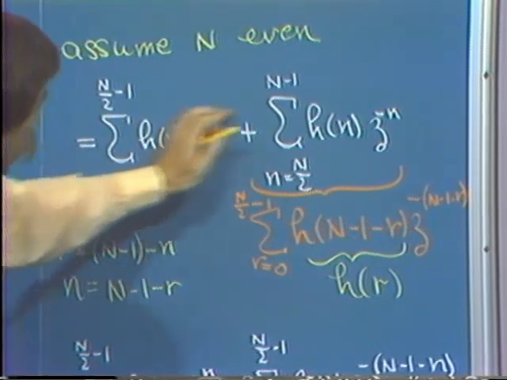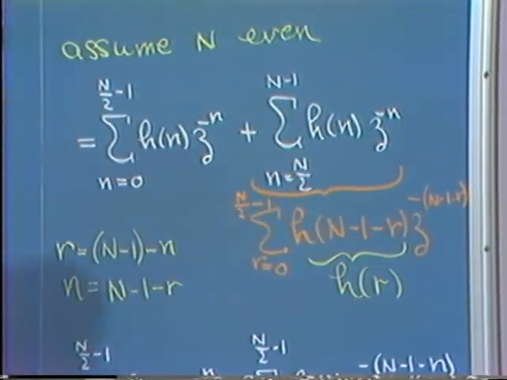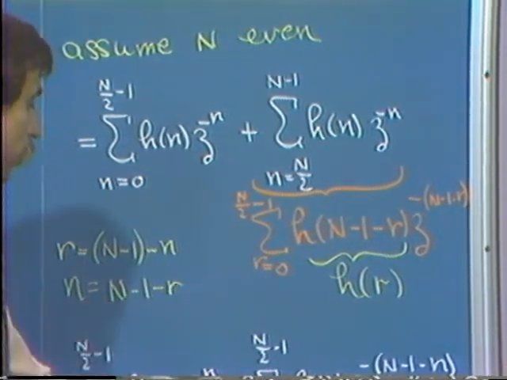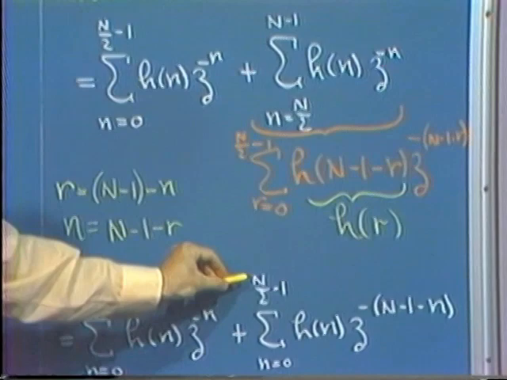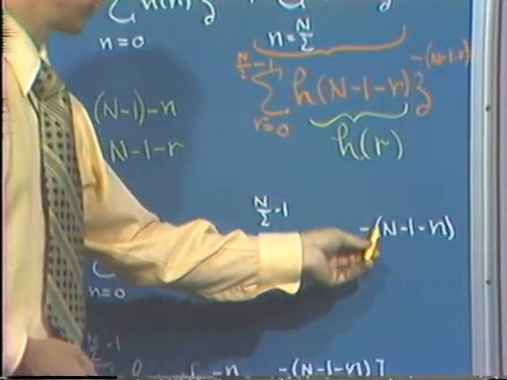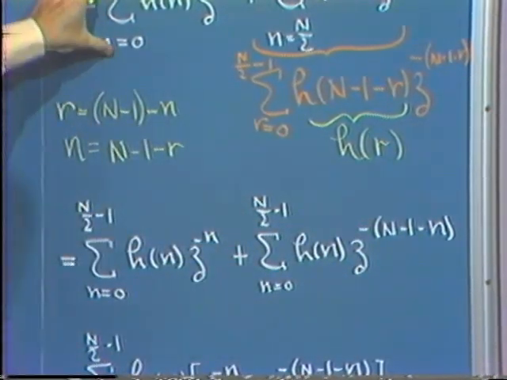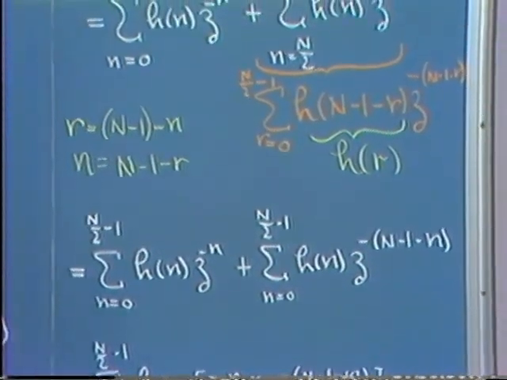So rewriting these two sums, in particular rewriting this one in terms now of a summation on n, this becomes the sum from n equals 0 to capital N over 2 minus 1, h of n z to the minus capital N minus 1 minus little n. This sum, of course, stays the same.